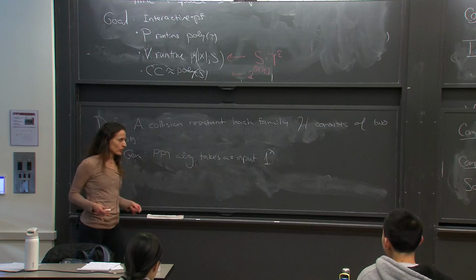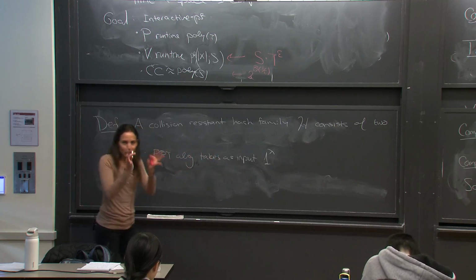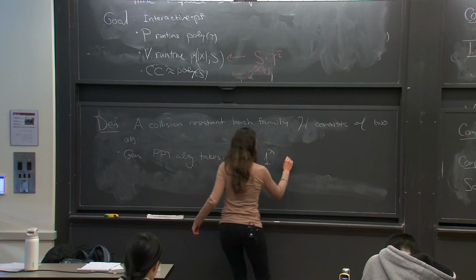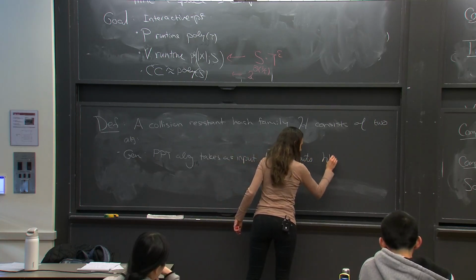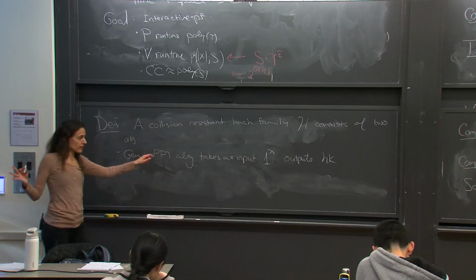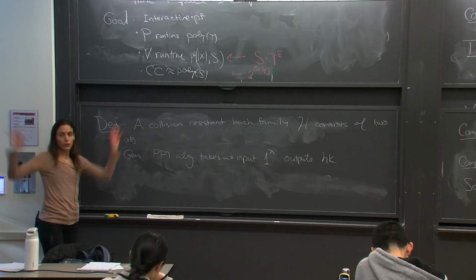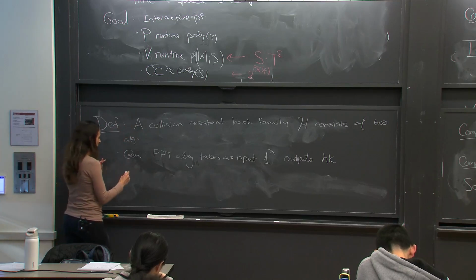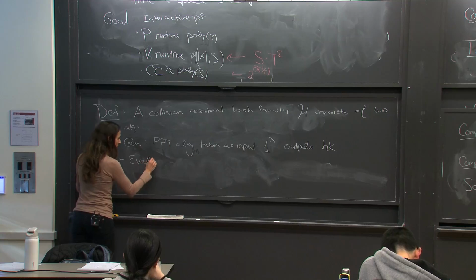It's just a hack to make the theory nice. And it outputs a hash key of size poly lambda, because this algorithm is polynomial, so it can output only something of size poly lambda.